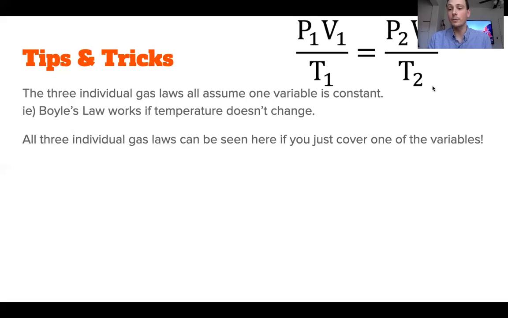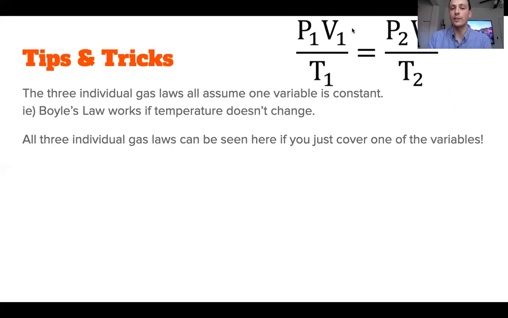So if you don't want to memorize all four of these gas laws, and there's one more that we're going to be talking about next week, then you can just memorize this one. If a problem doesn't tell you anything about temperature, for example, then just exclude the temperature, because temperature is not changing, therefore just use P1 V1 equals P2 V2.